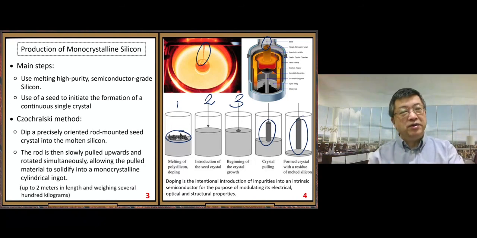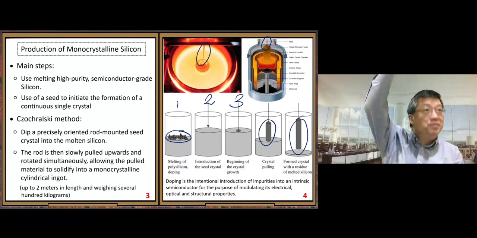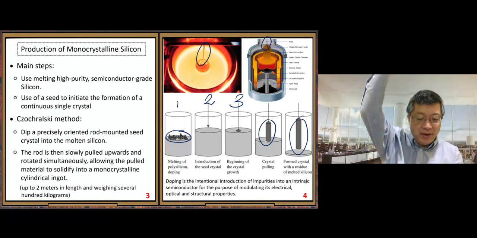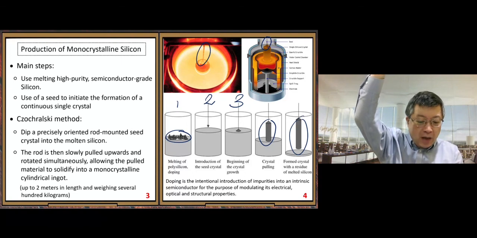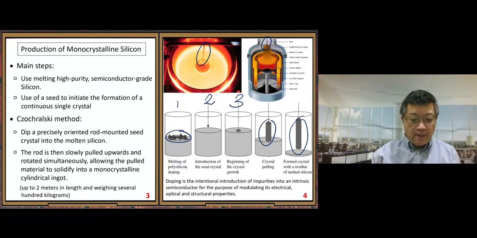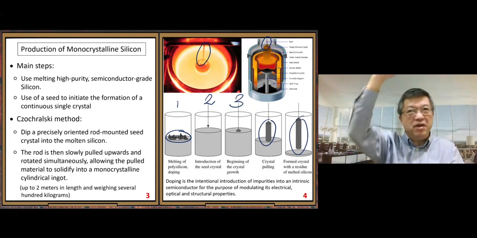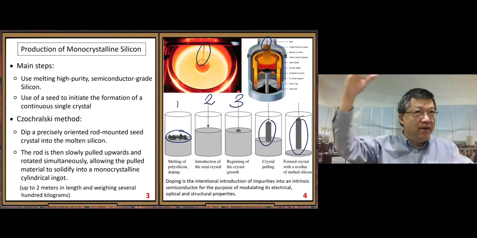Here, let me give you the number, roughly: up to 2 meters in length, more than 6 feet, and weighing several hundred kilograms. 1 kilogram is more than 2 pounds, right? So here, weighing several hundred kilograms, that big, that heavy.